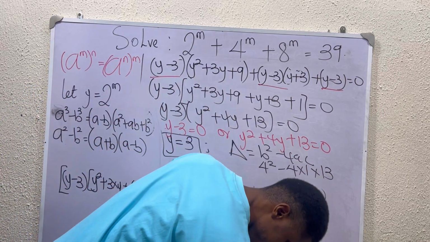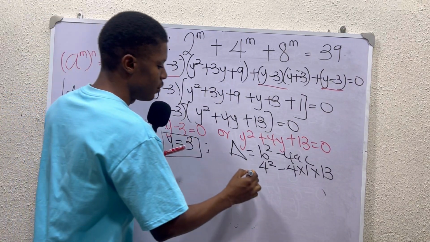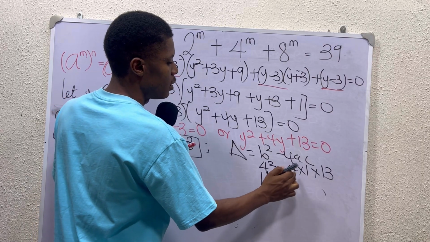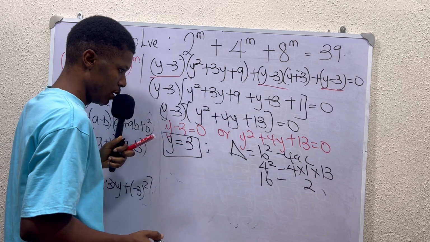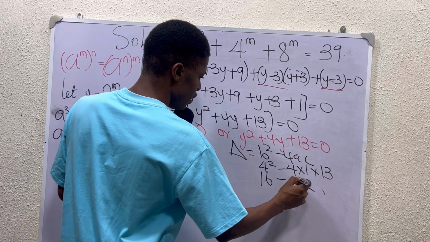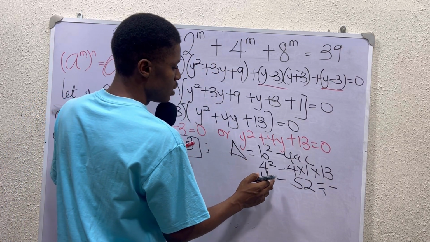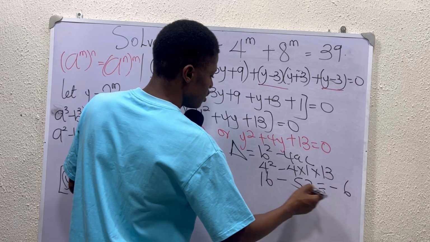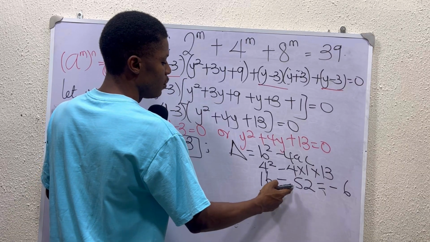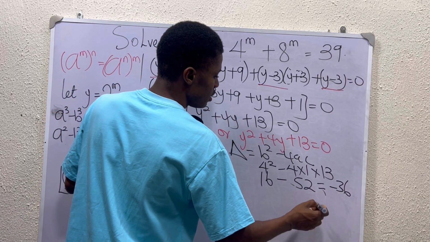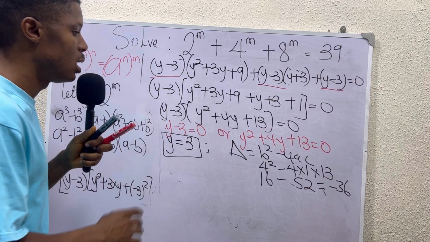So 4 squared is 16, minus 4 times 13, which is 52. This gives us negative 36, which is an imaginary root, or a complex solution. And that's not what we want.